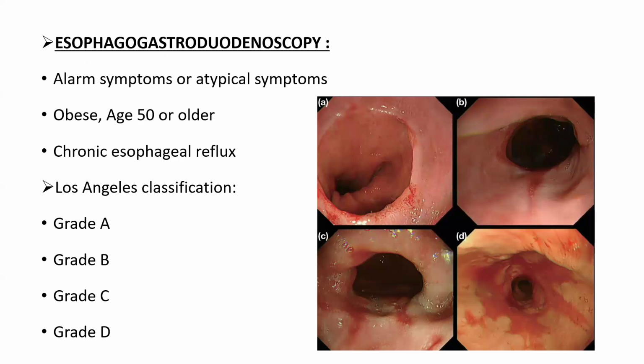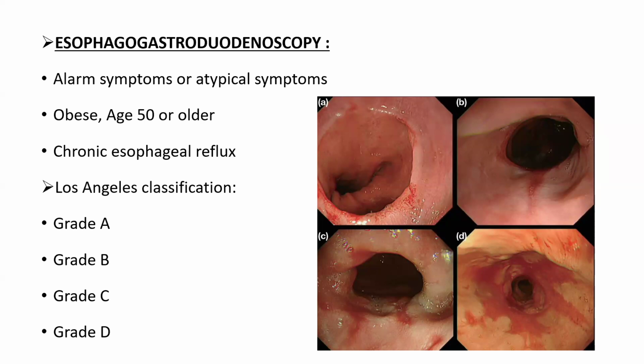And patients presenting with typical GERD symptoms associated with any of the alarm symptoms or atypical symptoms should be examined with esophagogastroduodenoscopy. And performing endoscopy may be indicated in a high-risk group, particularly those who are overweight and age greater than 50 or older, or patients who have had chronic esophageal reflux.